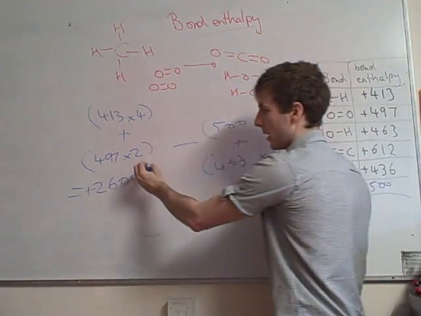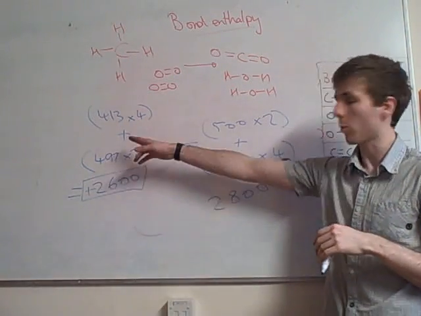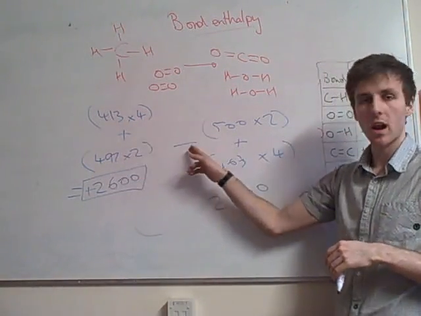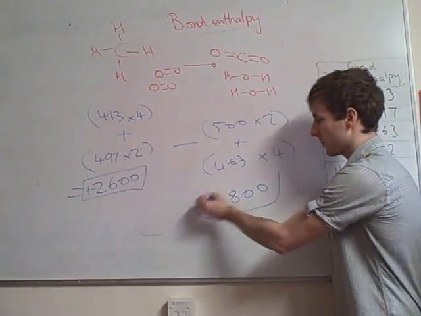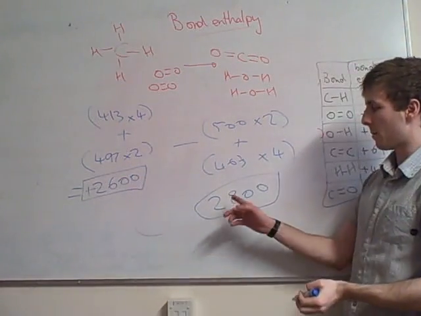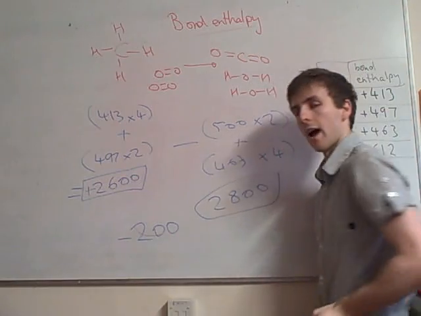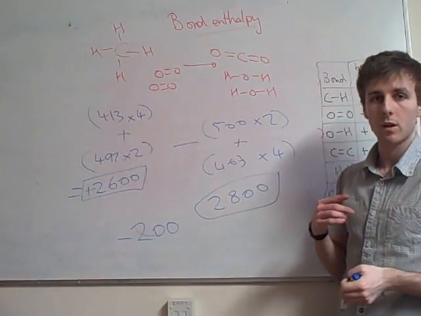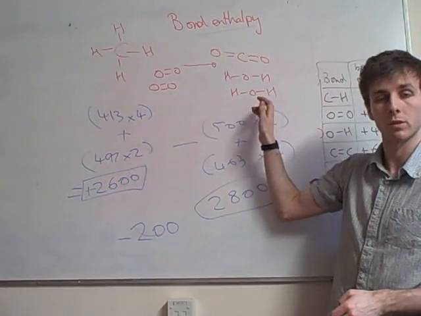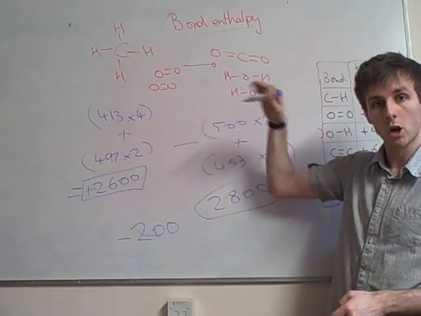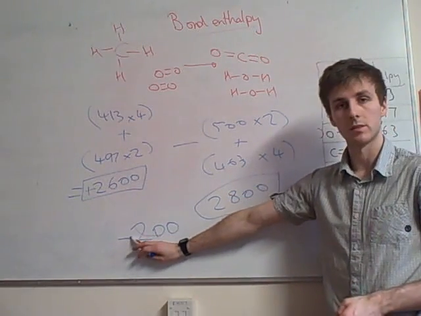So what I'm going to do is I'm going to get the energy I gained when I broke my bonds, and I'm going to subtract the energy I lost when my bonds formed. 2,600 minus 2,800 will give me minus 200. And if you flick back the video to the start of this video, you'll see my reactants were higher up than my products. So my products had lost energy, they'd lost enthalpy, which is why it's a negative sign.